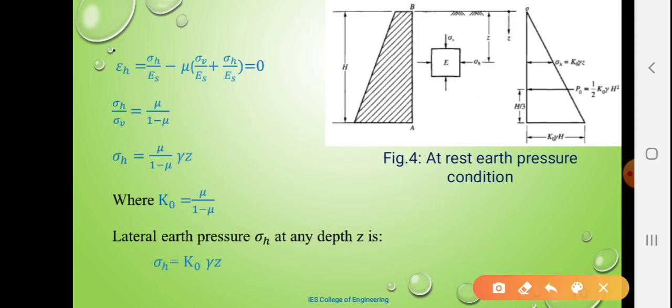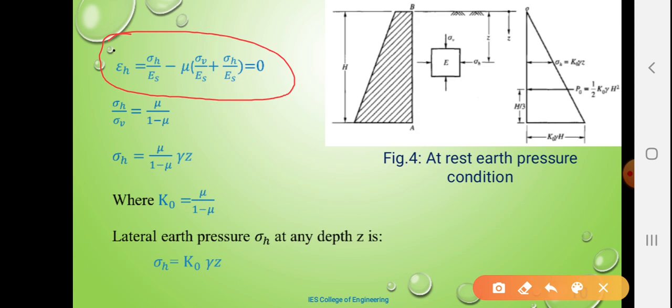This is the expression for epsilon H, that means lateral strain, and it will be equal to 0 because there is no wall rotation. So, epsilon H equals sigma H by Es minus mu into sigma V by Es plus sigma H by Es. Here sigma H is the horizontal stress, Es is the modulus of elasticity, mu is the Poisson's ratio and sigma V is the vertical stress.